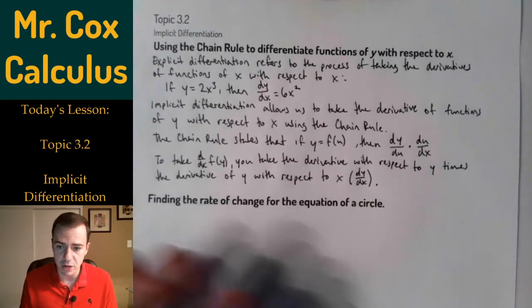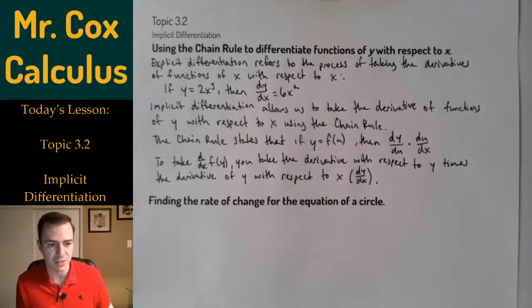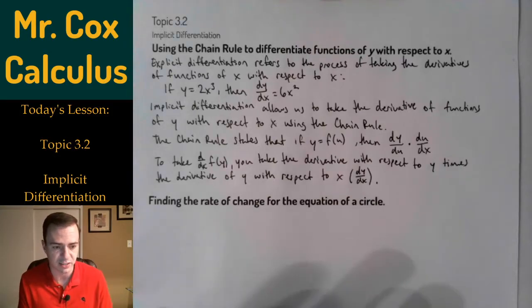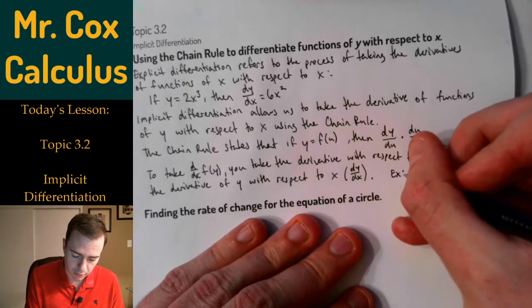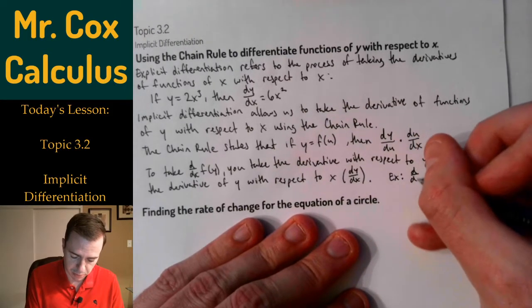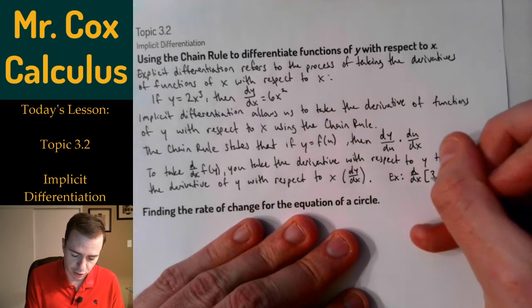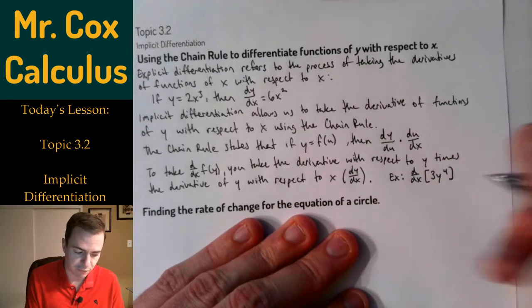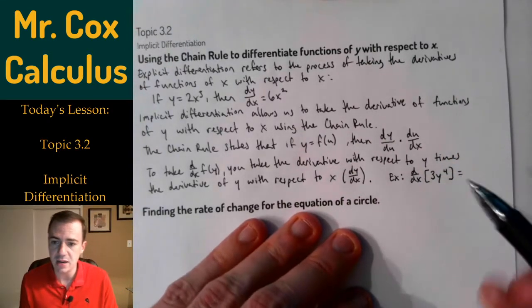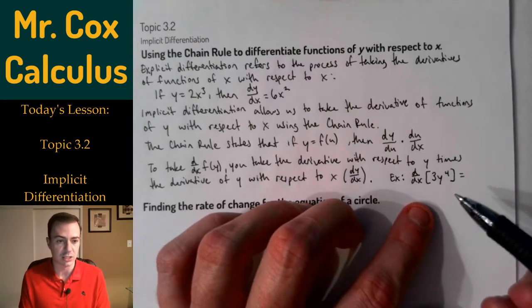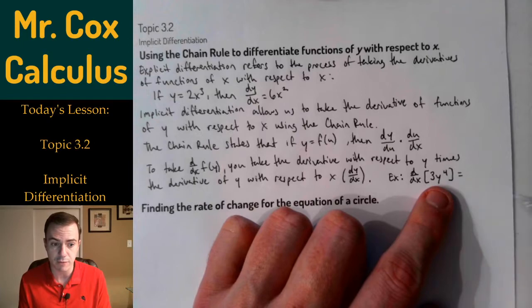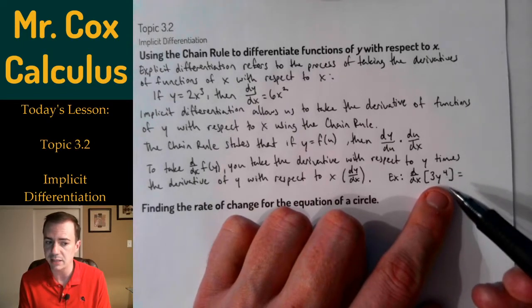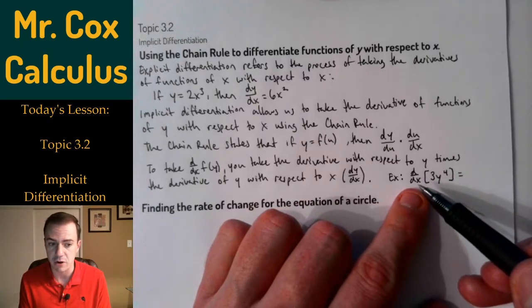So just as a very quick example here, and we'll build this into the context of more complex problems. Let's say I wanted to differentiate with respect to x the function 3y to the fourth. What this idea of implicit differentiation is telling us is that we take the derivative of 3y to the fourth, a function of y, with respect to the variable x.